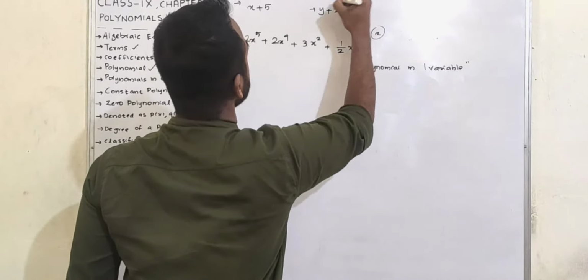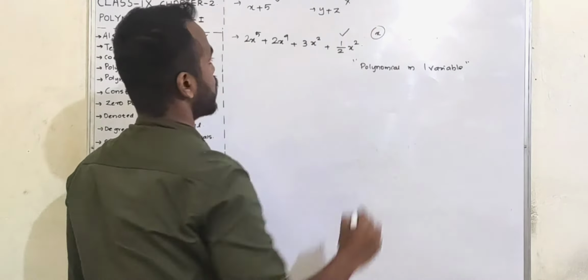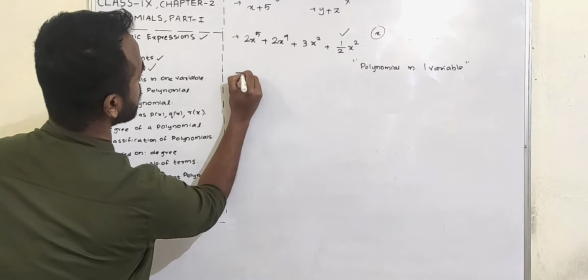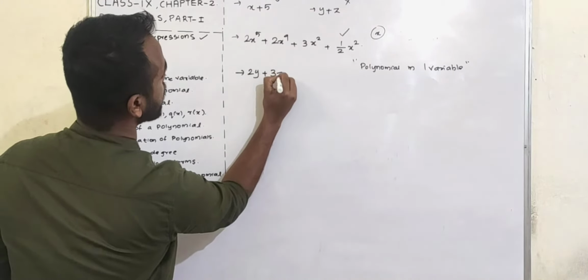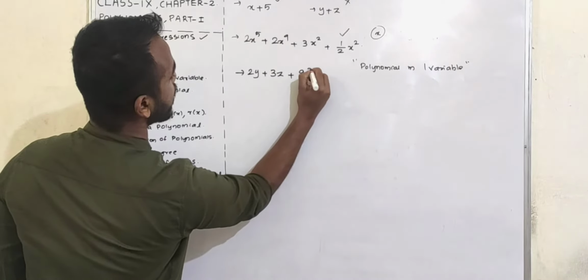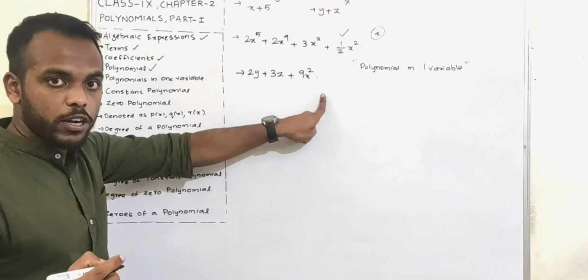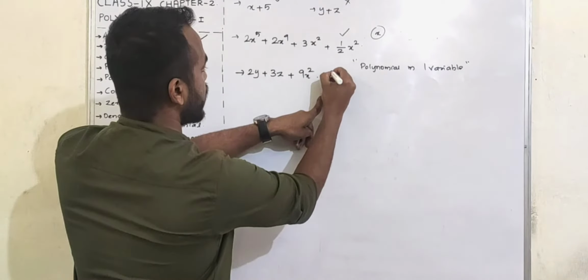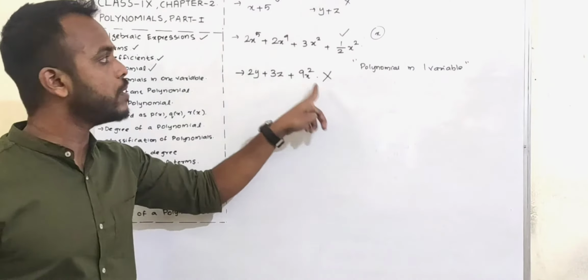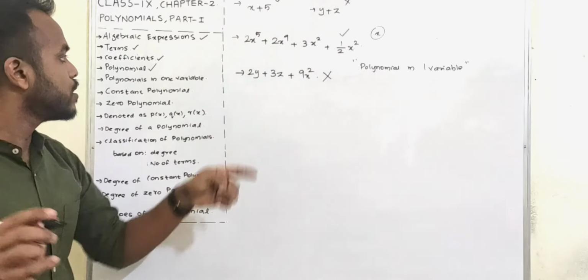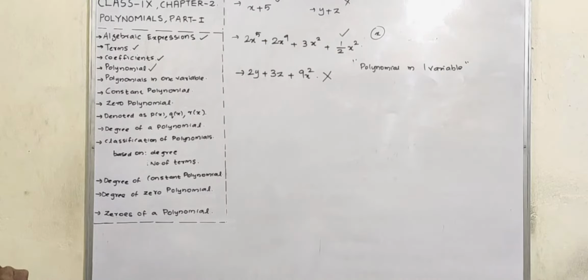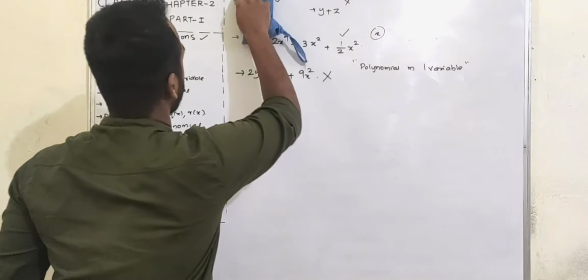Here is a non-example and here are two examples. If you need one more non-example, then I will write down 2y plus 3z plus 9x square. This is not a polynomial in one variable. So here is a non-example, here is an example, non-example, example. That's it.